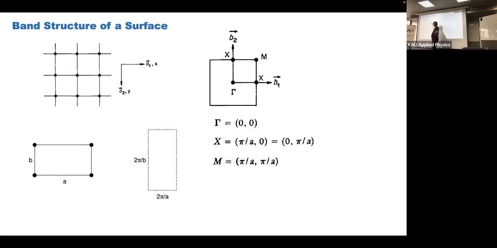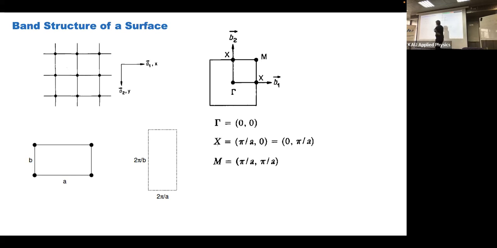We have some coordinate system like x, y, vector a1, vector a2, and we want to create the Brillouin zone of this surface. It's rather simple, and the Brillouin zone of this square will also be a square. Because what is the Brillouin zone?